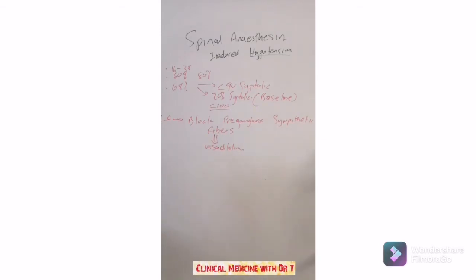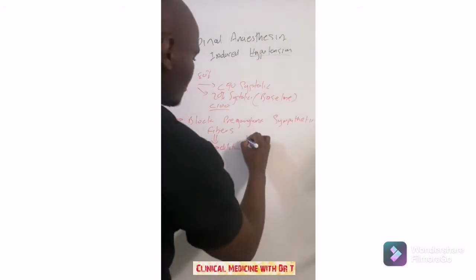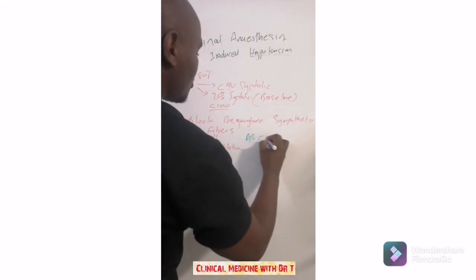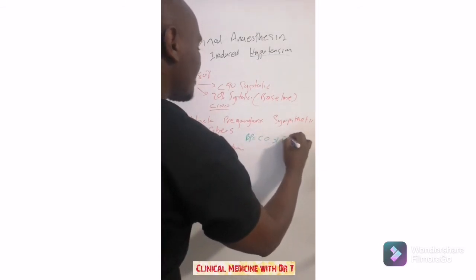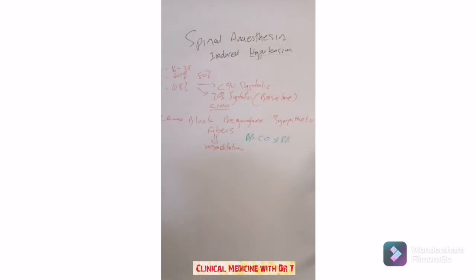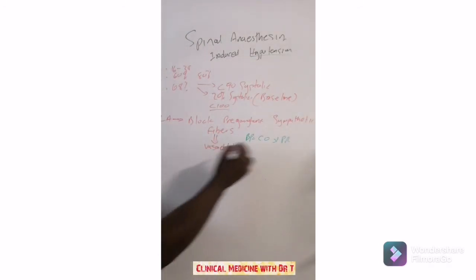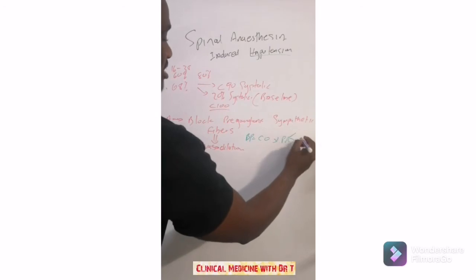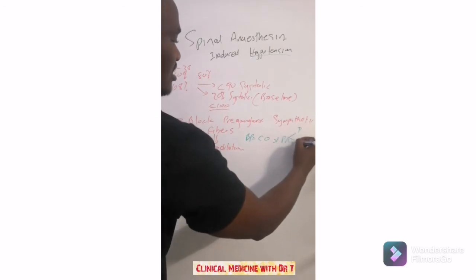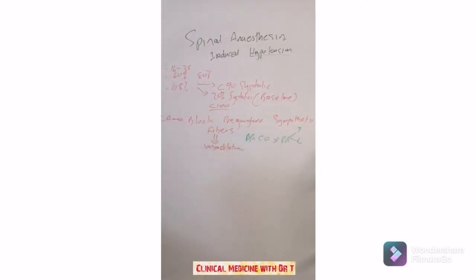Once you have vasodilation, remember our formula: BP is equal to cardiac output multiplied by peripheral resistance. Peripheral resistance is all about increasing or decreasing vascular tone.